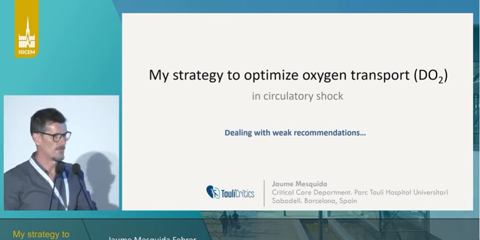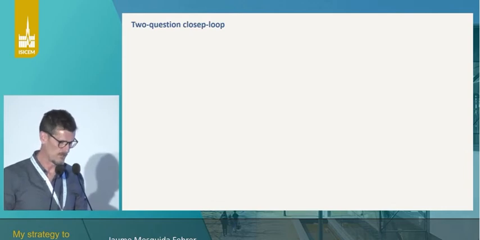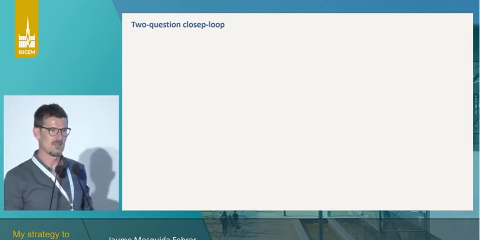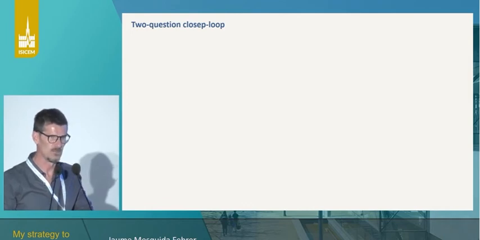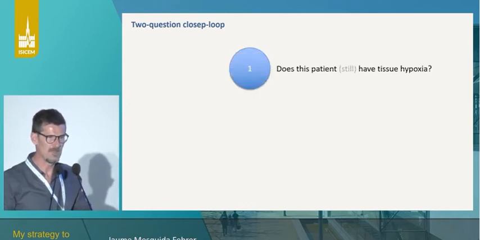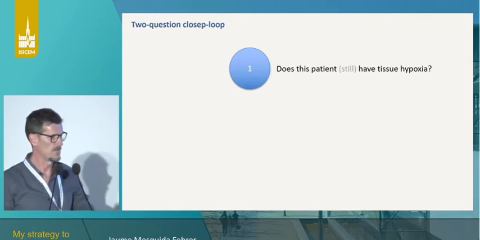The way I think we all work at the bedside is in a two-question closed loop. The first one is whether the patient has tissue hypoxia, and that has a lot to do with the previous talk and probably with the next talk about the endpoint of resuscitation.